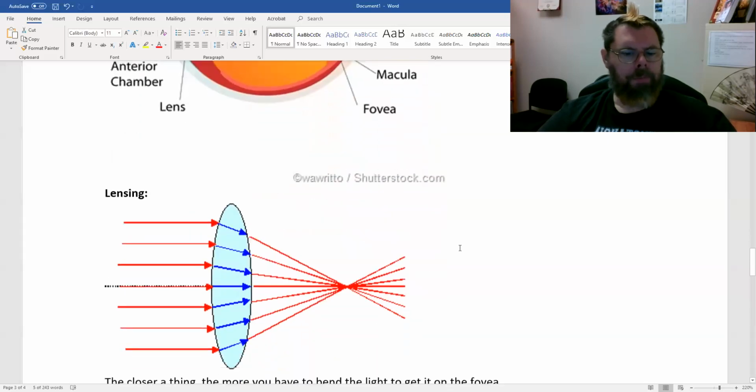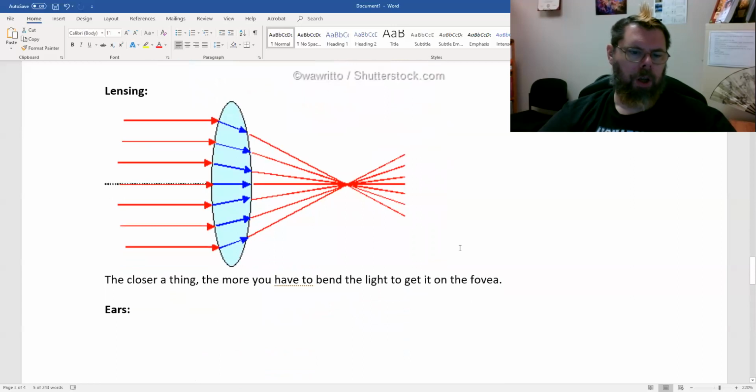Good. Lensing. So here's a picture. Oh, super crude, I know, but it's not an optics class. Take a physics class. Here's a lens. Remember that thing about light always moving in a straight line through a vacuum? You can curve light. You can't curve one photon, but you can curve a bunch of photons.